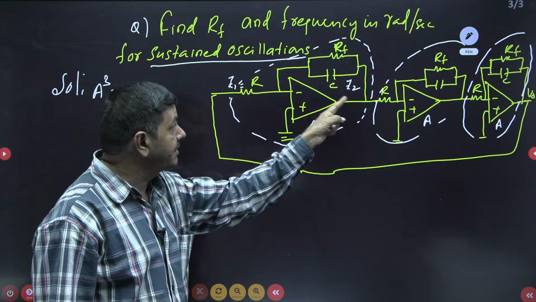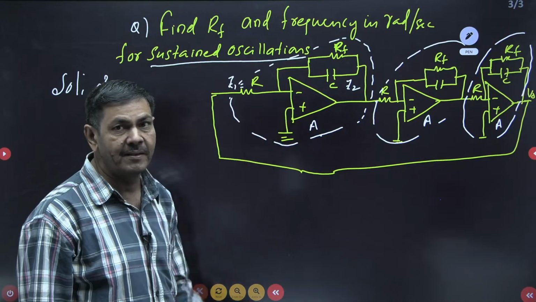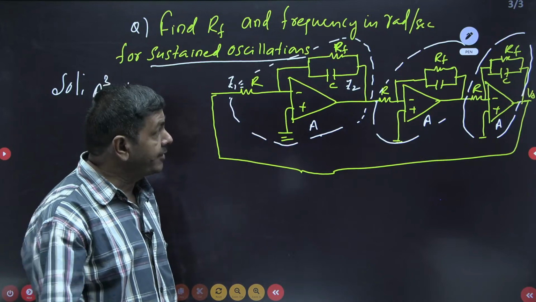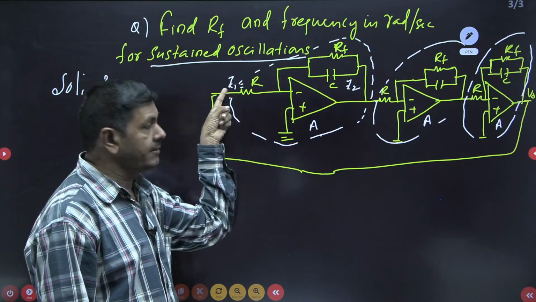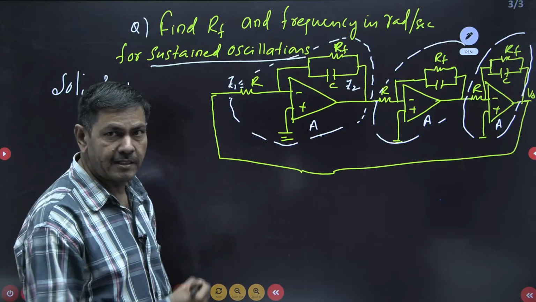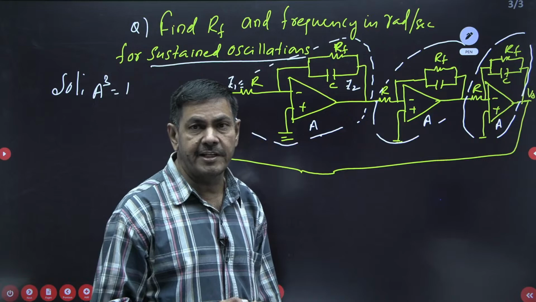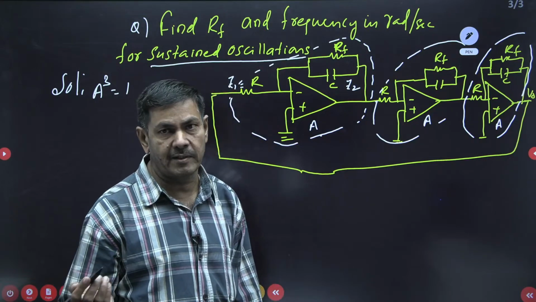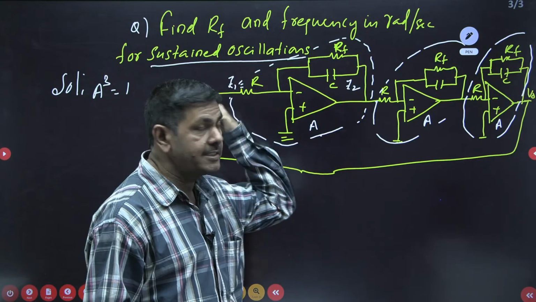It is nothing but an inverting operational amplifier, minus and plus. In the inverting operational amplifier, you know very well the gain A is minus Z2 by Z1. We did this already: the gain of an inverting operational amplifier is minus R2 by R1. Wherever R2 is given, I am using Z2, and wherever R1 is given, I am using Z1 here.